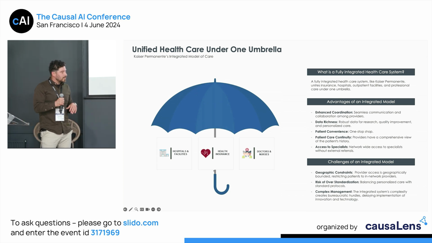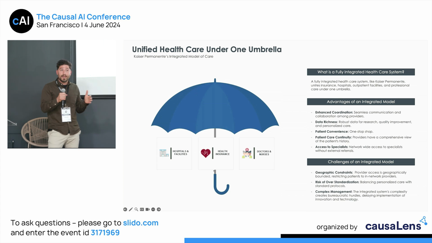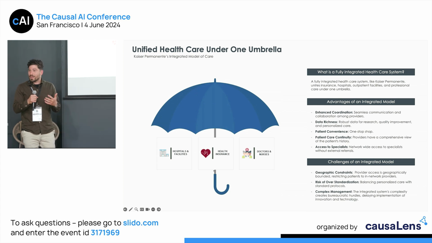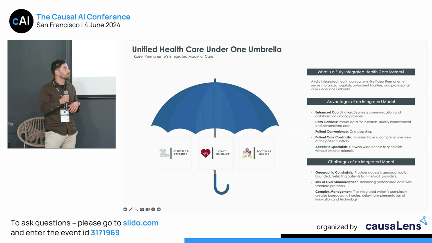Now, the challenges do exist. The first one, and this is probably what we're most known for, specifically Kaiser, is the geographic constraints. If you are in a location where there are not that many hospitals you can access, it might be very difficult to get some sort of specialized care for whatever condition you're going through.